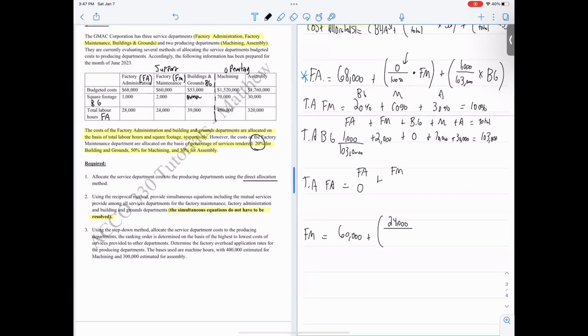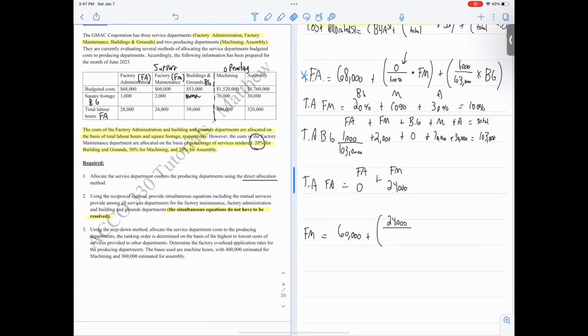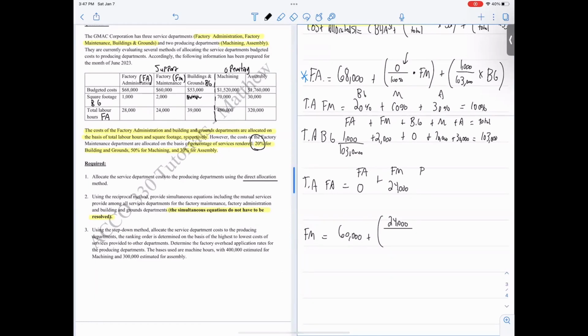Then factory maintenance. How many hours are allocated to factory maintenance? The answer is 24,000 labor hours right here. Then building and grounds, BG, that's 39,000. Then machining, which is 480,000, plus assembly, which is 320,000. That gives us a total allocation of 863,000.